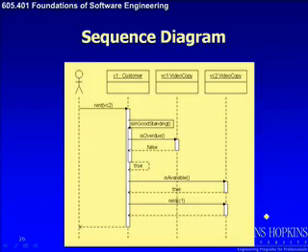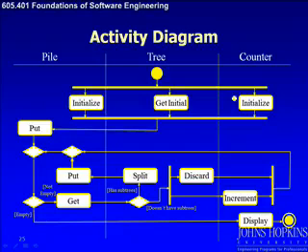Sequence diagrams are most commonly used for describing the dynamic behavior, because you can get down to a lower level of abstraction. In the sequence diagram, each of the objects is represented as an object instance box on the top of the diagram, much in the same way that the activity diagram has these what are called partitions or swim lanes.